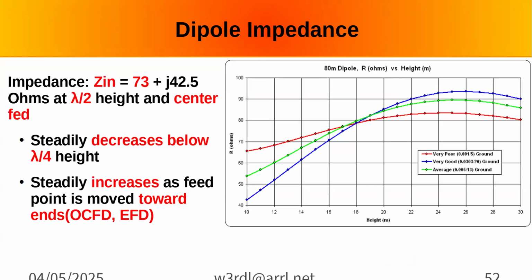Because if it was resonant, the j term would be 0, right? You'd have no inductive or reactive component. But this is measured at a half wavelength, so maybe that's the reason why there's some inductive reactance. It may go away if it's in free space.